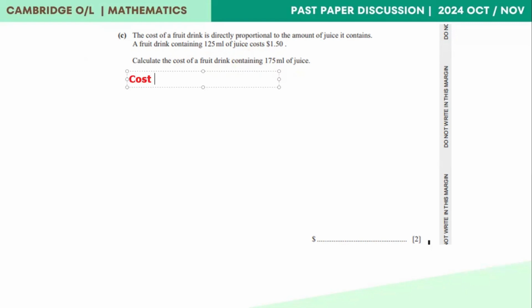We'll take some variables first: cost of fruit drink as capital C, and the juice as J. They say the cost of a fruit drink is directly proportional to the amount of juice, which means C is equal to K times J.